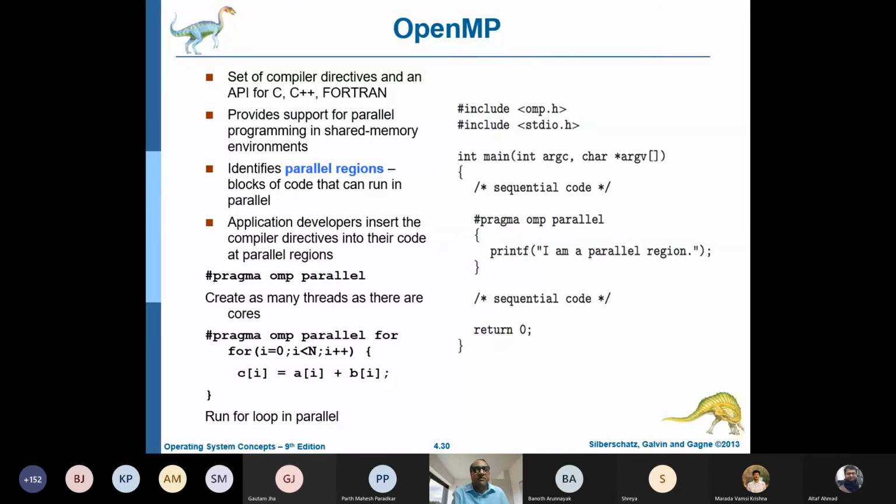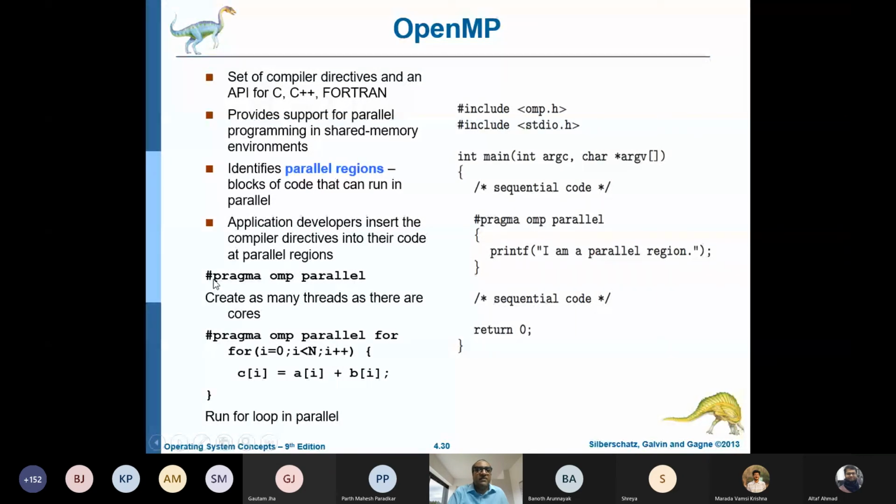For example, wherever a for loop is there, the set of instructions within the for loop has to be executed over multiple iterations. So wherever the code is parallelizable, or there are independent sections of code, instead of the application programmer writing the detailed code for creation of threads, the programmer will just insert some compiler directives, something like #pragma omp parallel.